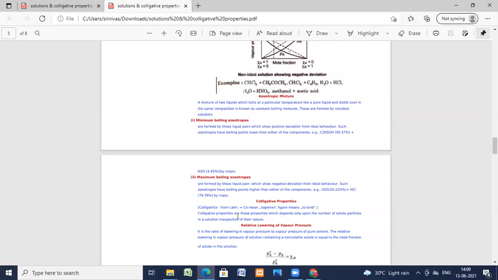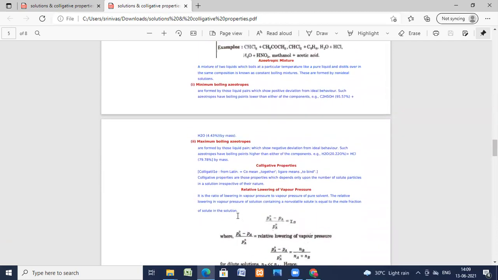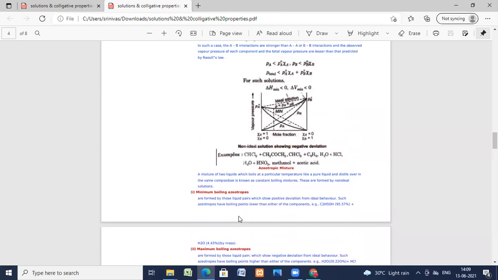The last concept of the solutions is azeotropic mixtures. What are azeotropes? A mixture of two liquids which boil at a particular temperature, like a pure liquid, and distill over with the same composition, just like the boiling mixture, with no change in composition, is called an azeotropic mixture.